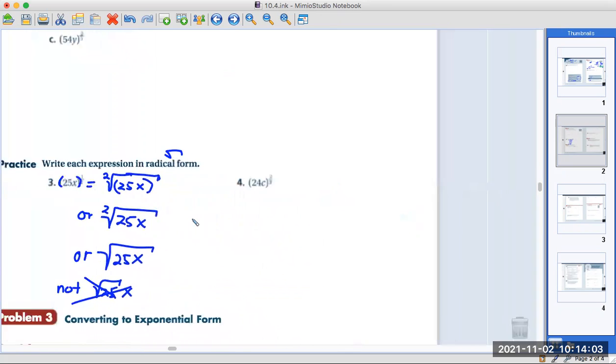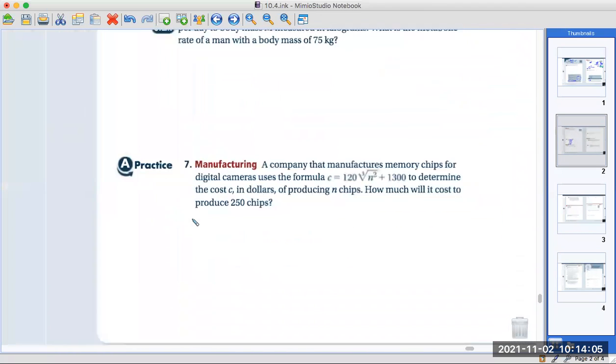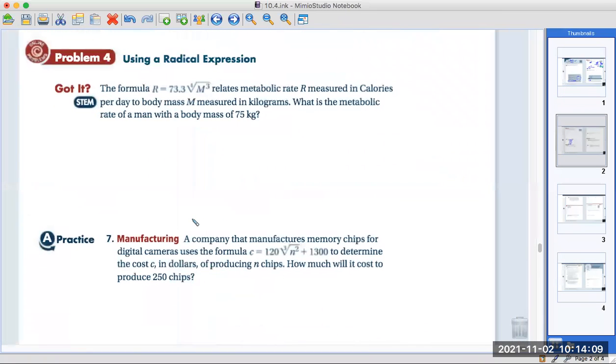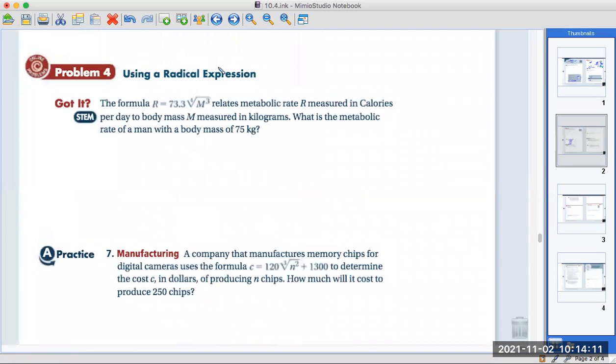On the next page, we have problem 4. Using a radical expression, these problems look hard, but they're really simple.